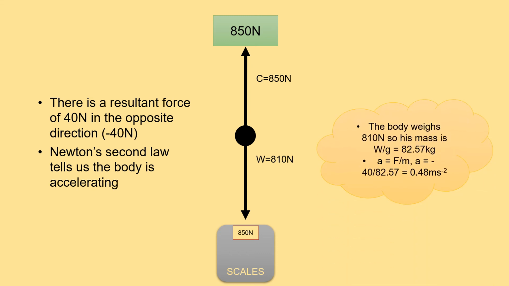So again, the body weighs 810 newtons, the mass is 82.57 kilograms. So now the acceleration is 40, which is the resultant force, divided by 82.57, which is 0.48 meters per second per second. Remember, this is a vector, so there should be a negative on that. So that's minus 0.48 meters per second per second.